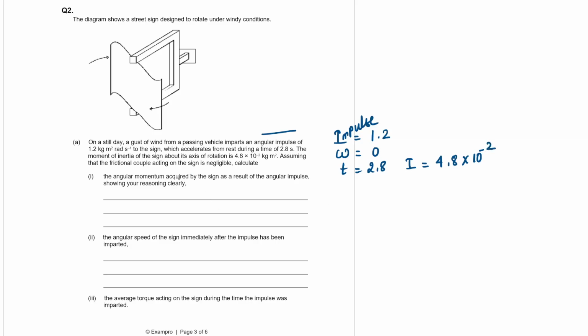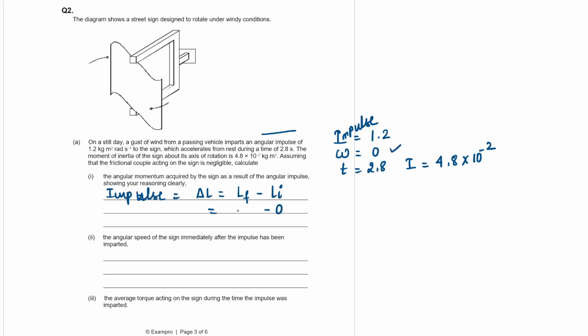Assuming that the frictional couple acting on the sign is negligible, calculate the angular momentum acquired as a result of the angular impulse. So what is impulse? Impulse is change of angular momentum, again final minus initial. Initial is 0 because it's starting from 0.